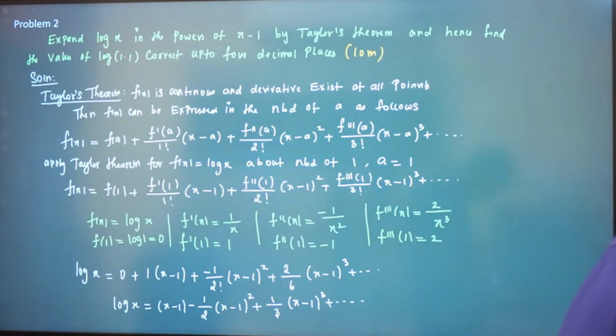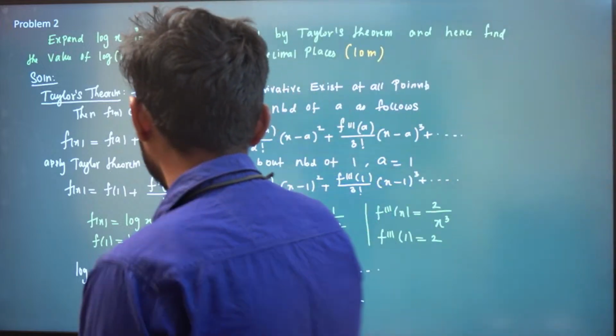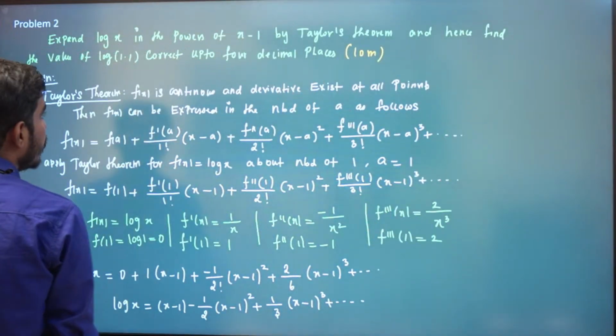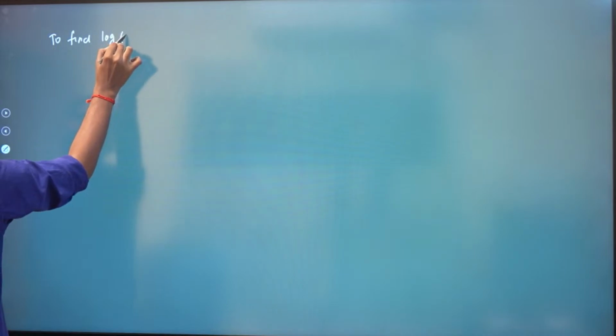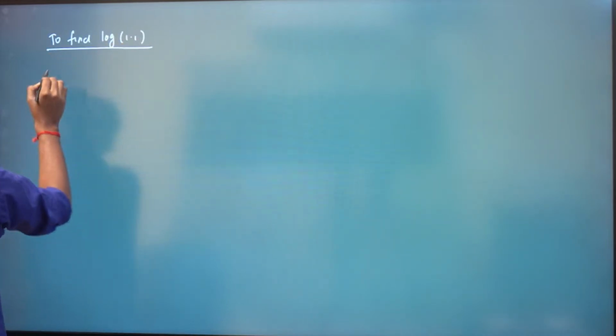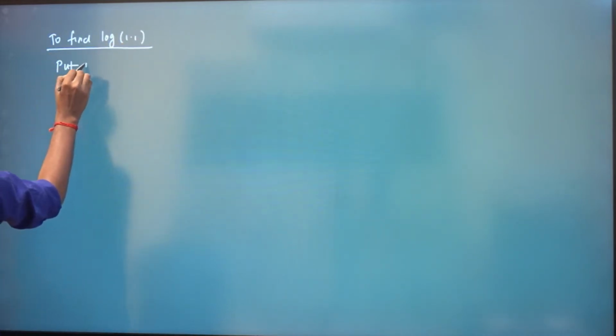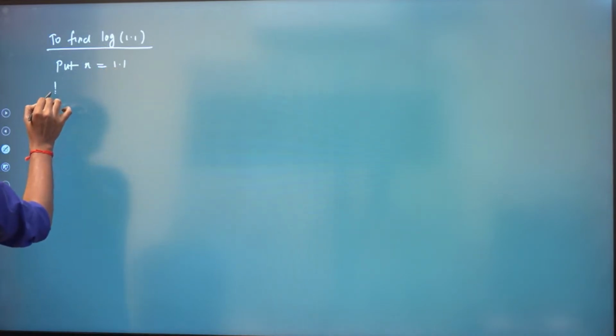And hence find the value of log of 1.1 up to 4 decimal places, right? So you just put x is equal to 1.1 here. Now to find log 1.1, put x is equal to 1.1.